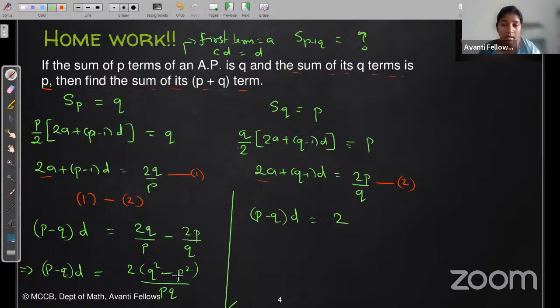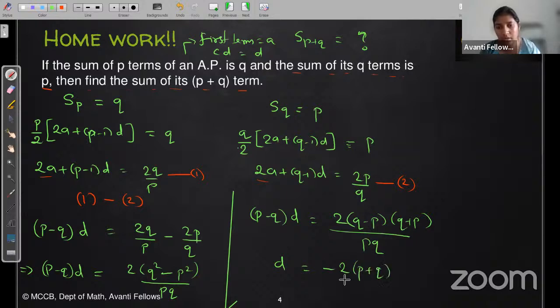Now, it's of the form a square minus b square, so I just apply the identity. I will get q minus p into q plus p divided by p into q. So d will be equal to what? d will be equal to minus 2 into p plus q divided by p into q. Okay, so this is our d value. Right? This is our d value.